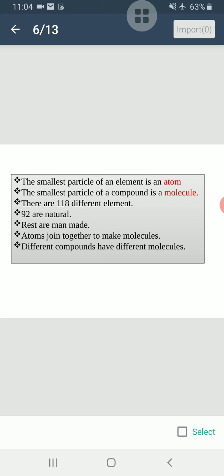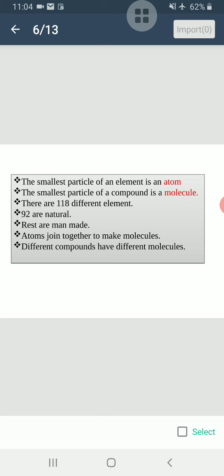Thousands or millions of words can be made from just 26 letters of the English alphabet. In the same way, atoms join together to make molecules, and millions of different kinds of molecules can be made from these 118 different kinds of atoms. That's why we see millions of compounds all around us.